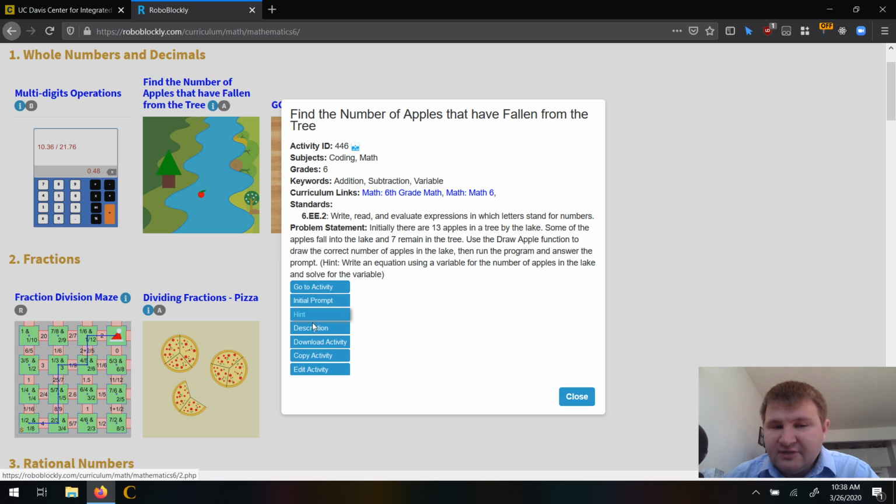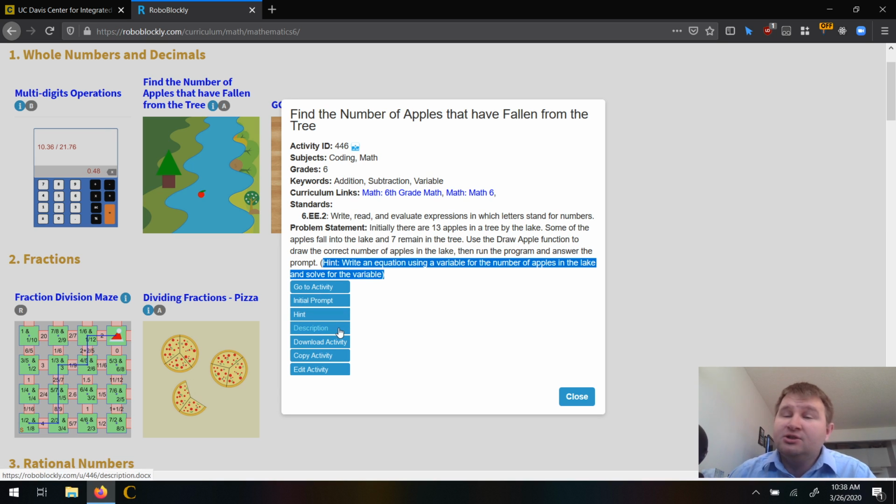Below that, we have a bunch of different buttons here. We can go to the activity, so we can open up the activity as if we were going to solve it ourselves. We could click on initial prompt to pop open this initial menu. This is actually going to be phased out in favor of a cleaner problem statement. We could open up any hints that might be available for the students beyond the hints that are inside of the problem statement.